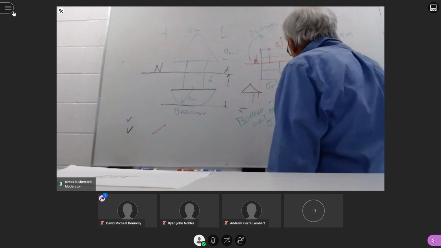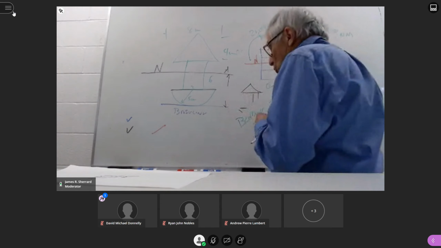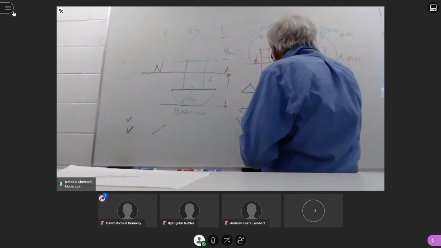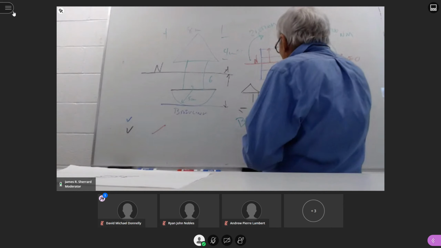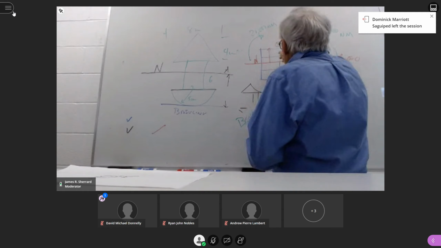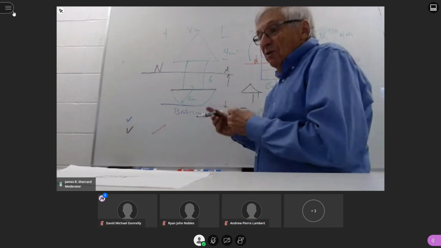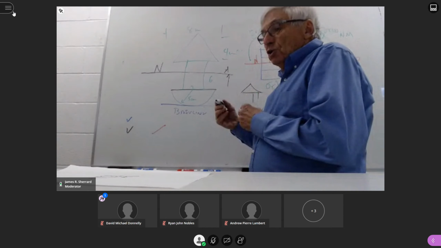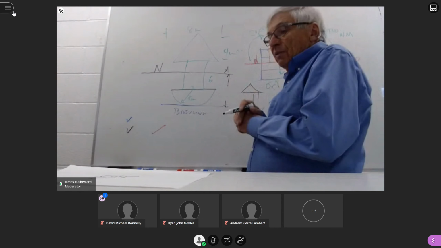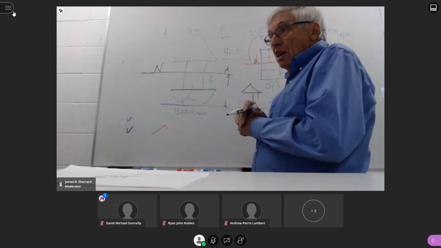So if ever we have a point where it exceeds this, it will fail. Typically, you look at the maximum value for compression or the maximum value of tension. So if it's going to fail first, it normally fails either here or here. And on Wednesday, we're going to find out how you determine exactly what the stress value is, how you can determine where it's going to fail. Does that answer your question?